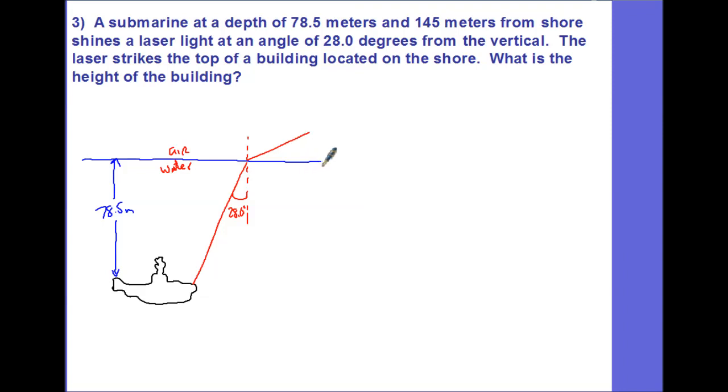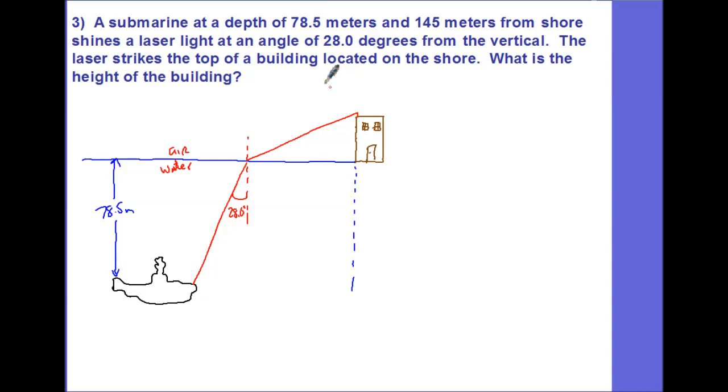Let me extend this just a little bit. Here I have the shore. Probably doesn't have an abrupt edge like that, and for some reason they placed the building right on the edge of that shore. Probably difficult to get a permit to do such things. That laser light then comes up and strikes that building right there.